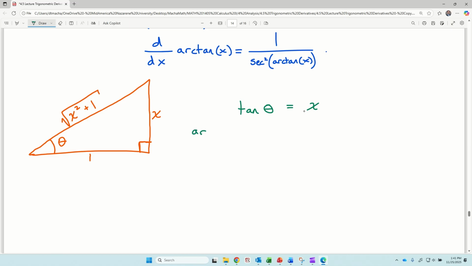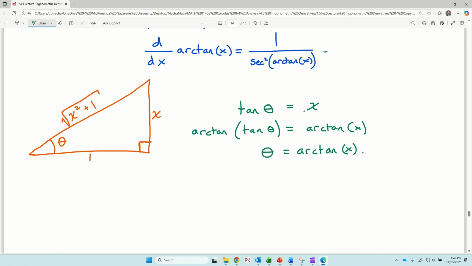Well, what would be the result if I were to take the arctangent of both sides of this equation, the arctangent of the tangent? I'm composing two inverse functions. Those cancel each other out, and I just get theta. And on the right side, I find that theta is equal to the arctangent of x.